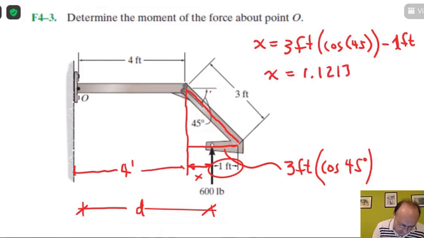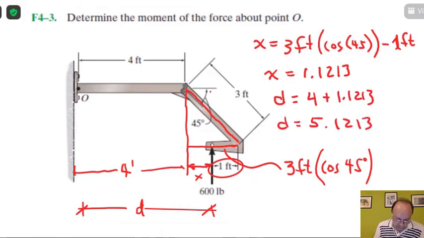1, which is 1.1213. So d, which is the distance that we need to calculate our moment, will be 4 plus x, 4 plus 1.1213. They will be equal to 5.1213.